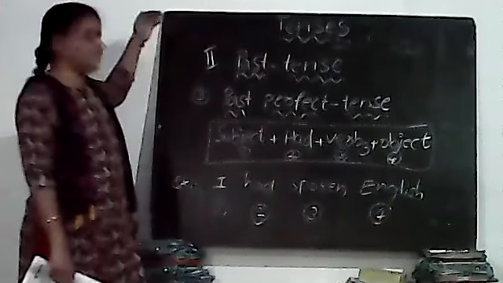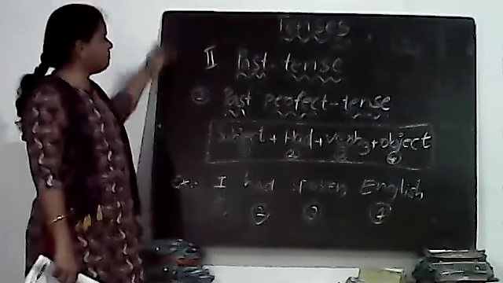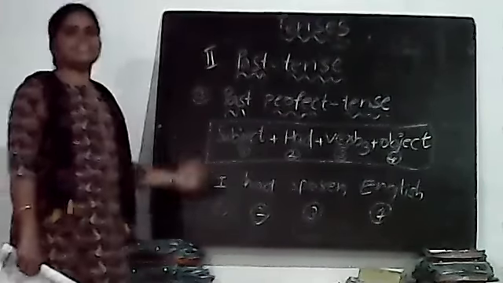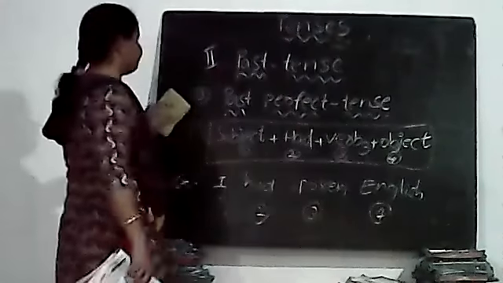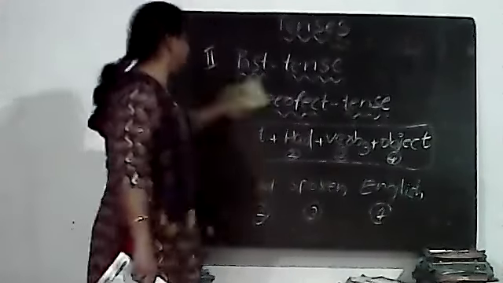Yesterday we completed the present tense divisions, and today we complete the remaining 4 past tense parts. So here the third part is completed. If there is any doubt after completion of our period, you ask me.